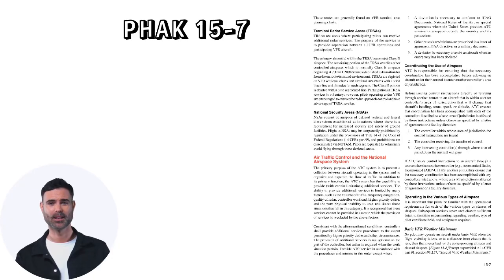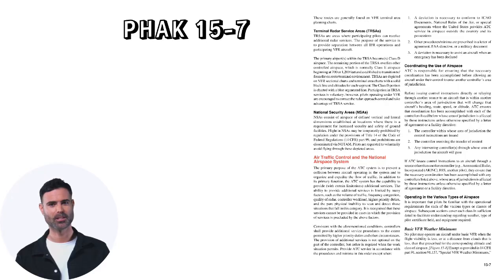If ATC issues control instructions to an aircraft through a source other than another controller, e.g., Aeronautical Radio, Incorporated (ARINC), FSS, another pilot, they ensure that the necessary coordination has been accomplished with any controllers listed above, whose area of jurisdiction is affected by those instructions unless otherwise specified by a letter of agreement or a facility directive.